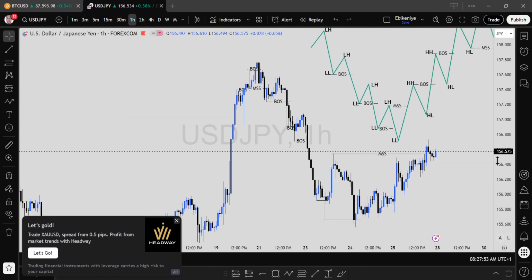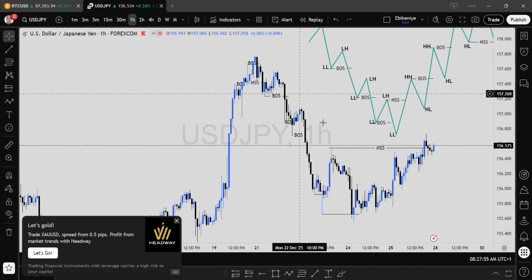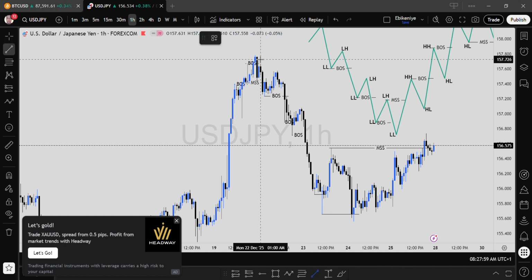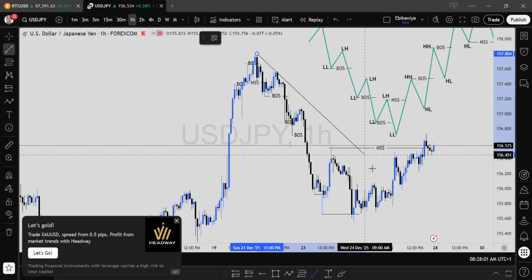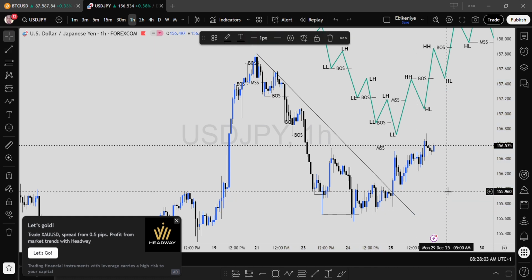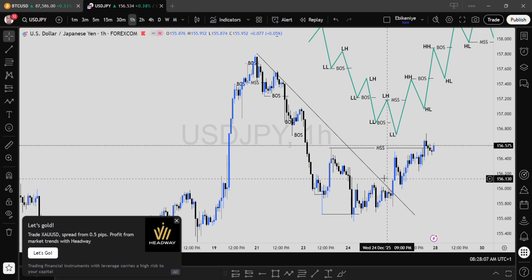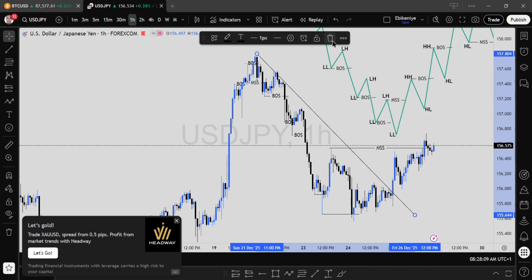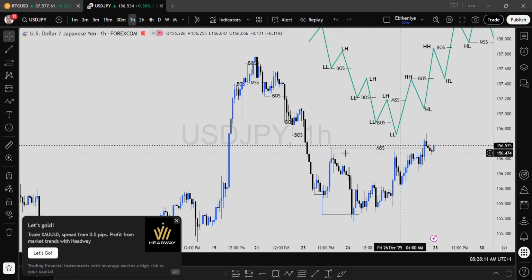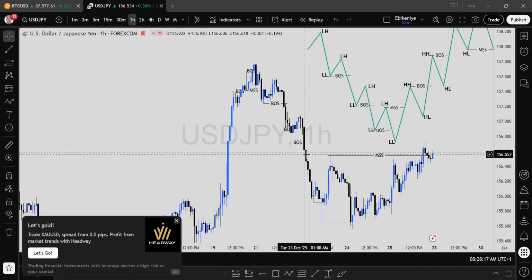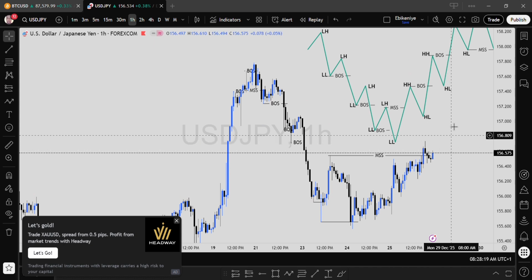Look at it. It has been bearish all through this while. Now market is slowly going up. So when market broke above this last high with the body, we know there's a market structure shift. So now from here in USDJPY, we're looking out for buys.